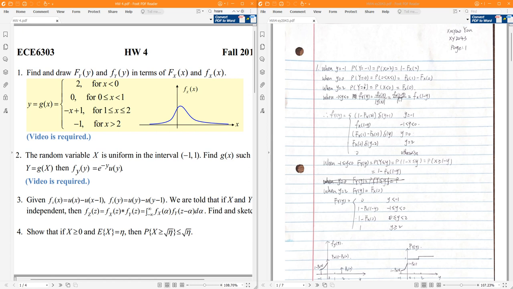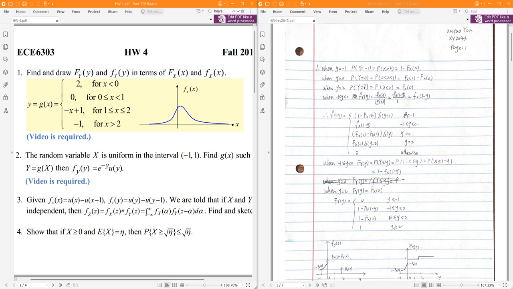We can see that the final answer is fx of 1 minus y. So to sum up, the density function of fy has 5 cases.